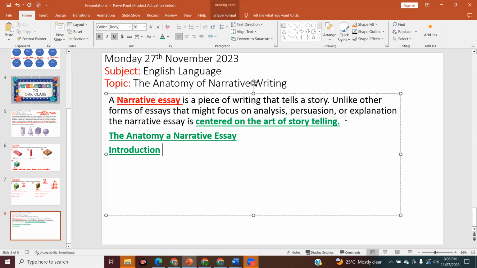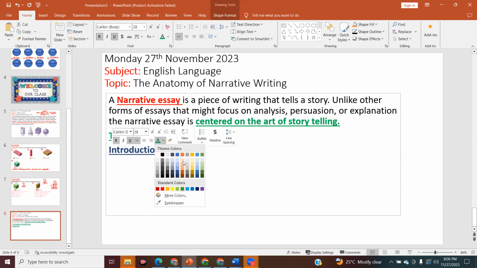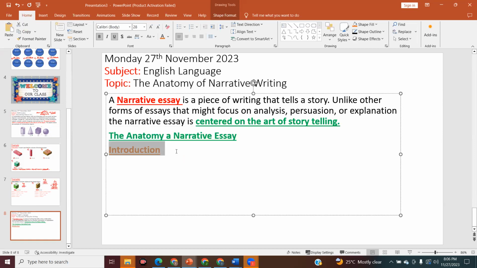Now, the introduction is obviously going to have some sort of hook, right? So in the introduction, you want to hook the reader by starting in an interesting way, wouldn't you? So the introduction has a hook.